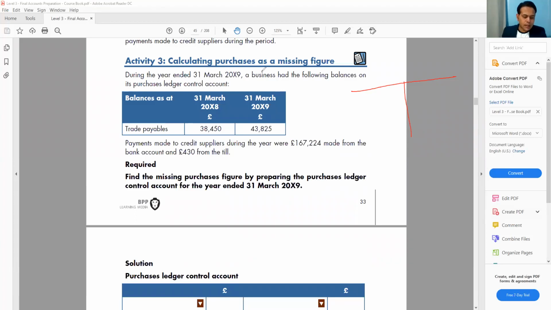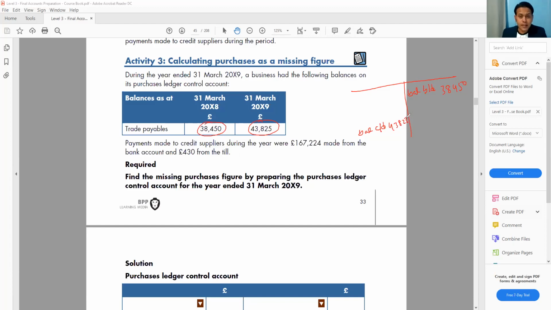So let's have a look at that. Opening balance, we have 38,450. And the closing balance, we have 43,852. So let's write it down. Balance BD, that is opening balance, 38,450. And the balance CD, other side, of course, that is 43,825.